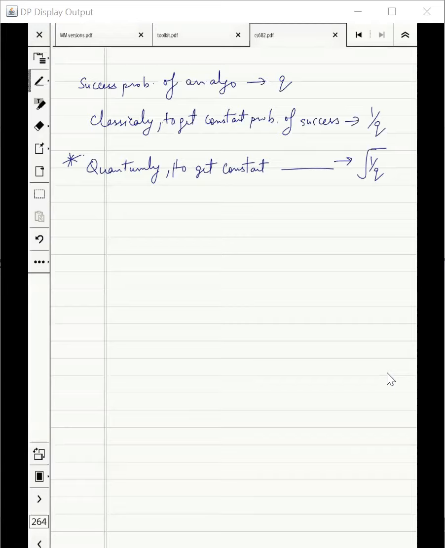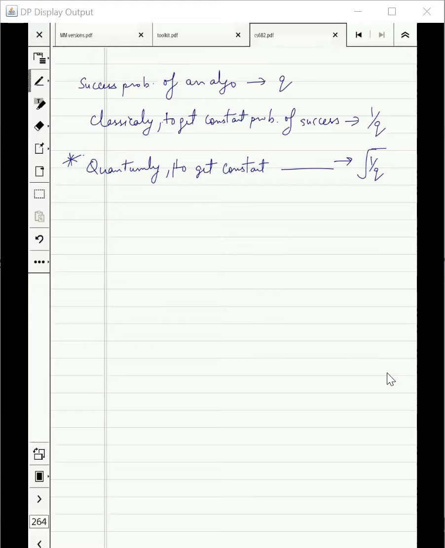There are so many applications where you would need such a thing. You have some probability of success. Whenever you look at the literature of randomized algorithms, it is filled with examples where you create a smart thing which has a probability of success of, let's say, 1 by square root n, 1 by log n or something, and then you repeat it log n times or square root n times to amplify your success probability.